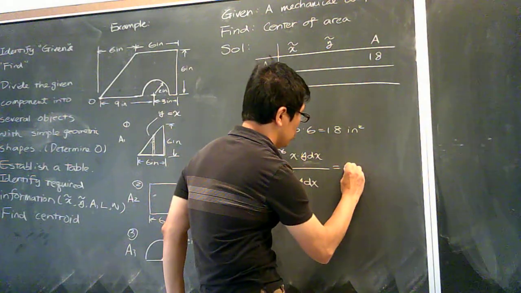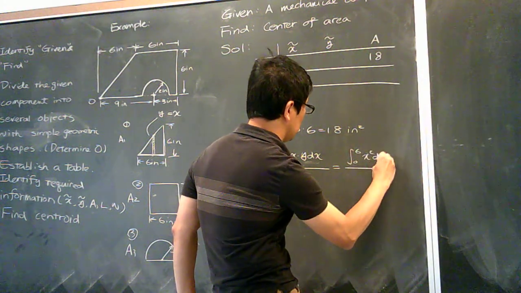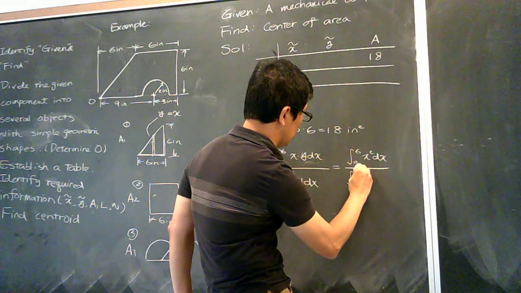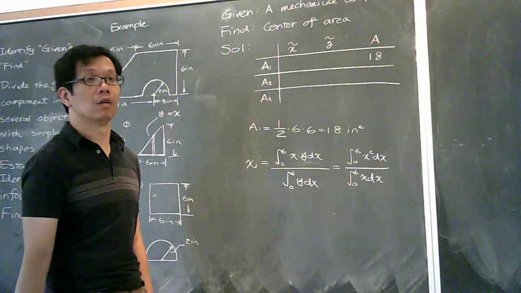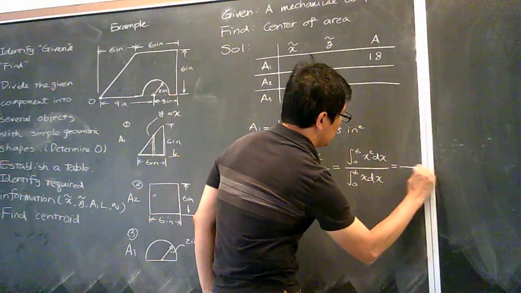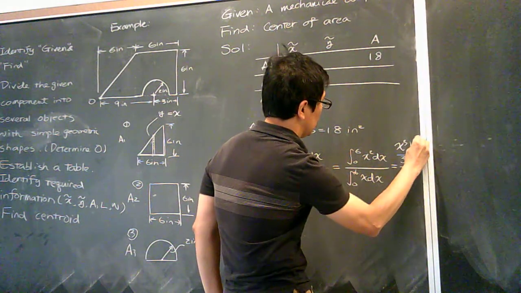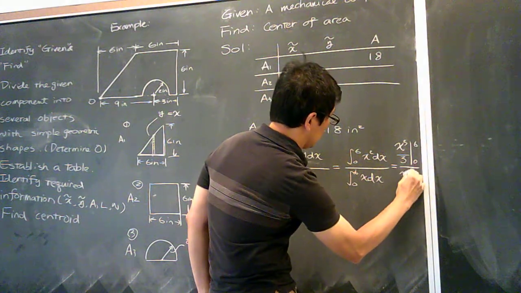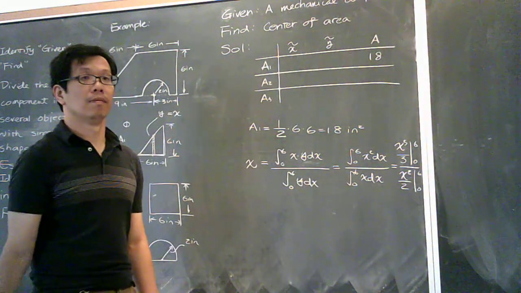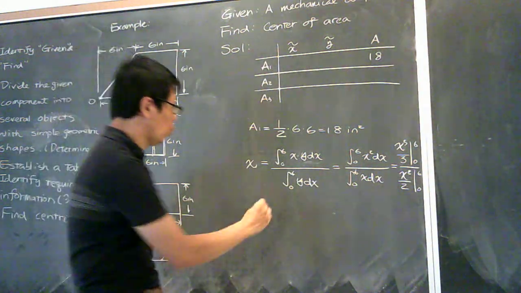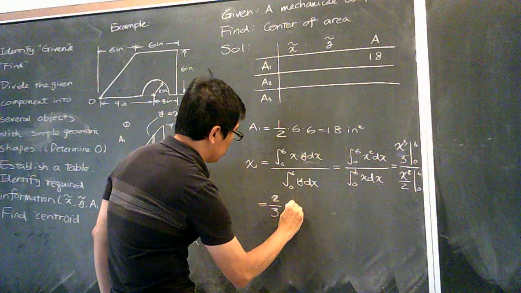So essentially, what you're going to have is going to be x squared dx, or it's going to be 2/3 x.